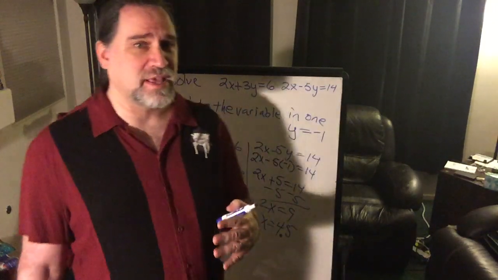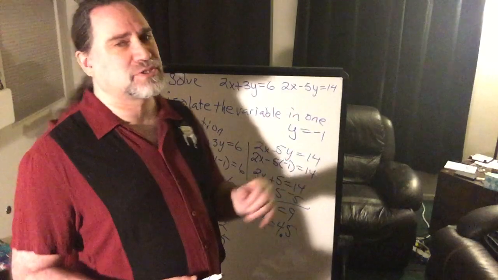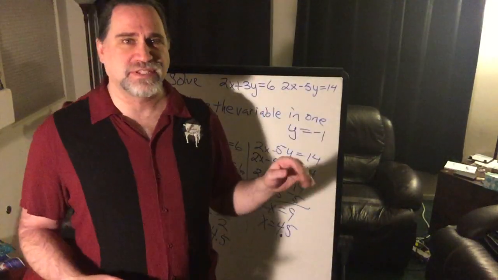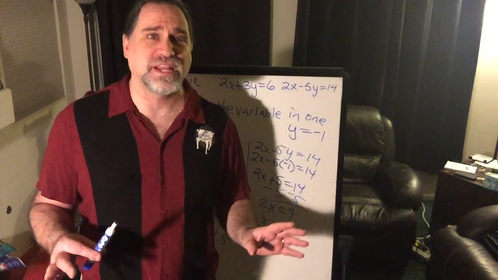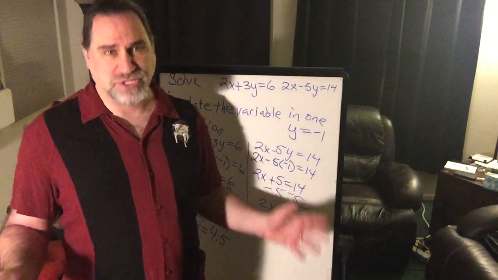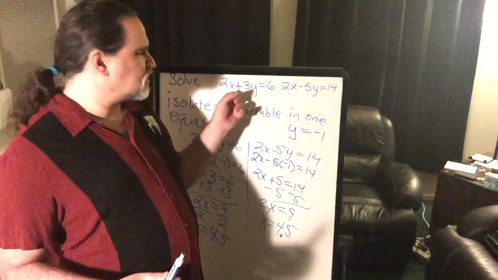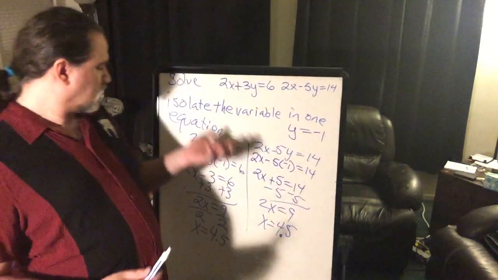If that's not an option, then I start looking at which one looks smaller, or is there something that looks obvious, like 3, 6, and 9? Those would all be divisible by 3, so I'd like to do the one that has the 3. Or 2, 4, 6, they're all divisible by 2, so I'm going to pick the one with the 2. This was as good as I could do, and I had to deal with fractions to do it.